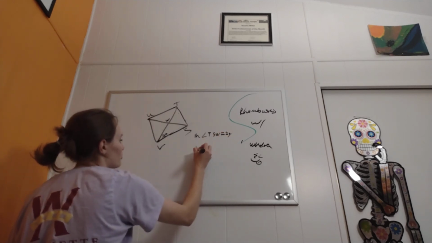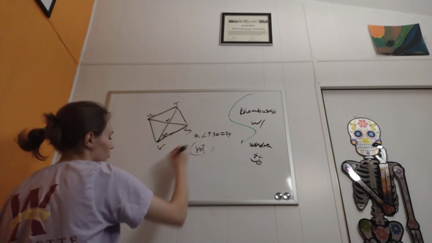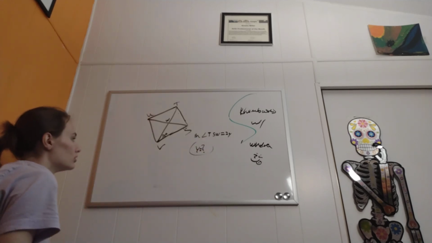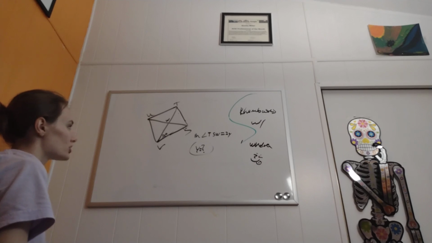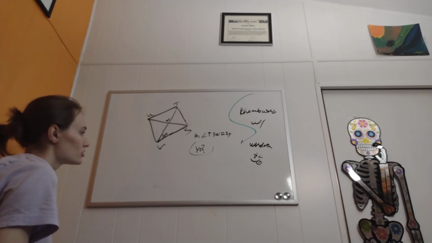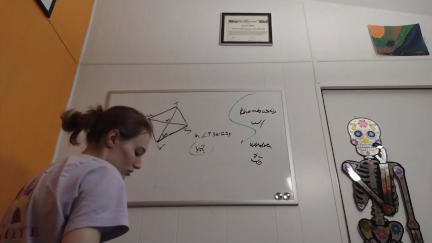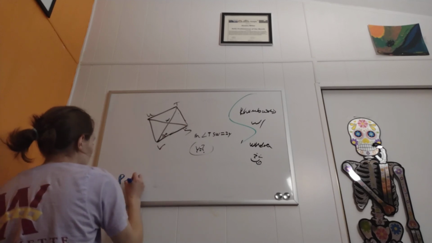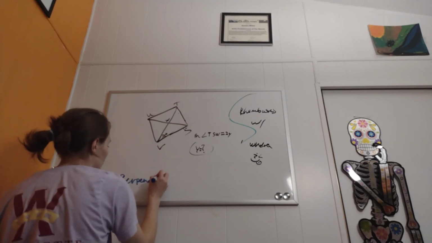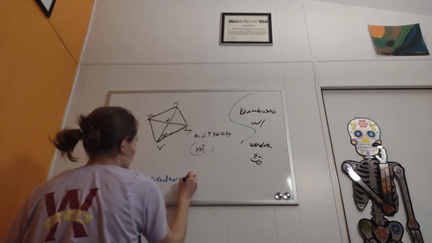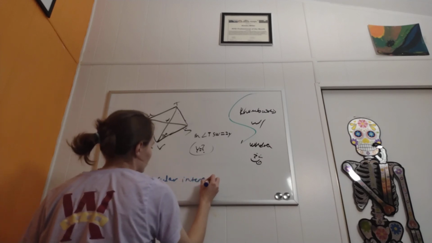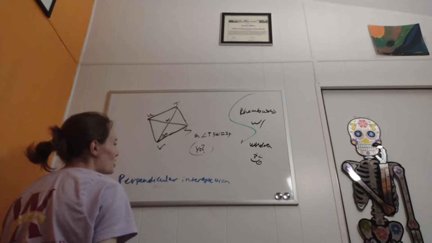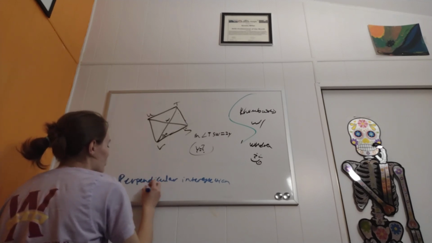We're trying to find the value of x, which we don't know. So simply given this information, and that it is a rhombus, we can apply what we already know. The perpendicular intersection of diagonals.